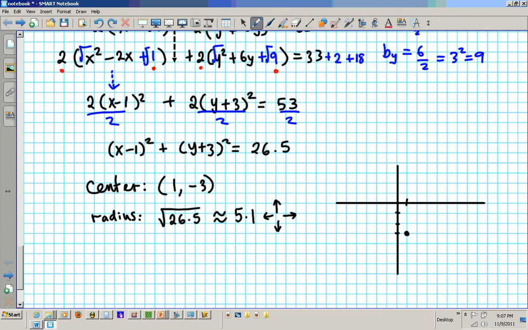So you're going to go 5.1 in all directions. So you're going to go 1, 2, 3, 4, 5, and then some. Same in each direction. Like that. Connect the dots, and that's that.